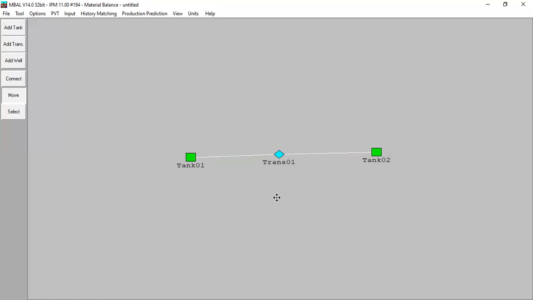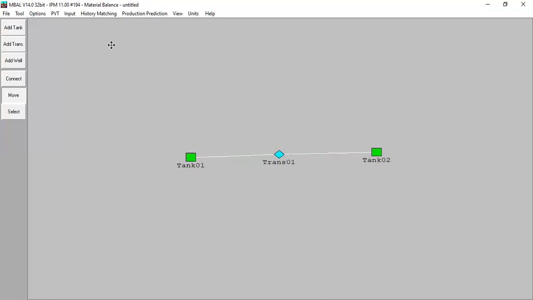Okay, let's say transmissibility here is a leaky fault. We have, for example, a fault here, but it's not a sealing fault, it's a leaky fault. So tank 2 will give some fluid to tank 1 so that pressure in tank 1 will be supported by tank 2.